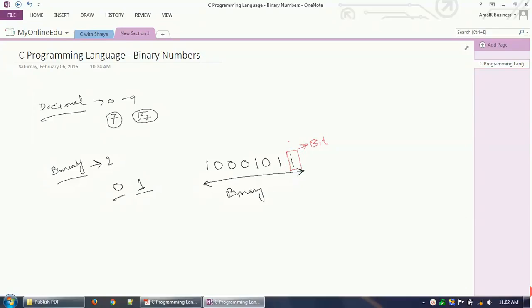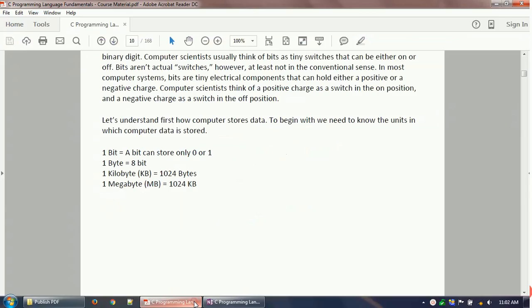Here we have 1 2 3 4 5 6 7 8. So this whole 8-bit data is called a byte. So we can say 1 byte is equal to 8 bits. This whole data is called a byte.